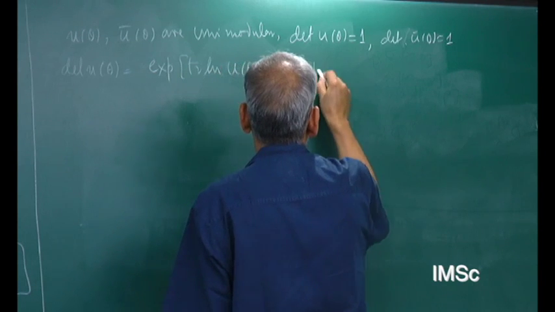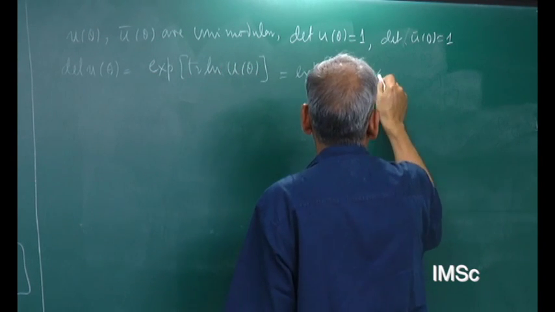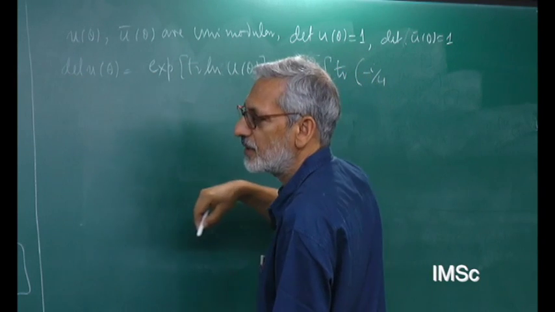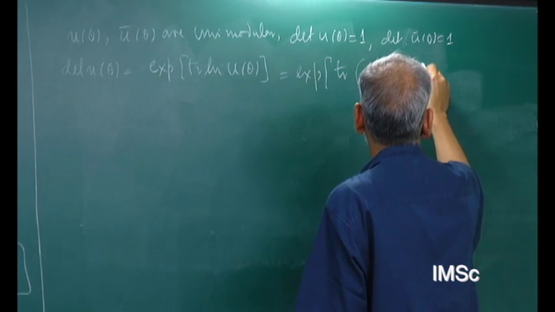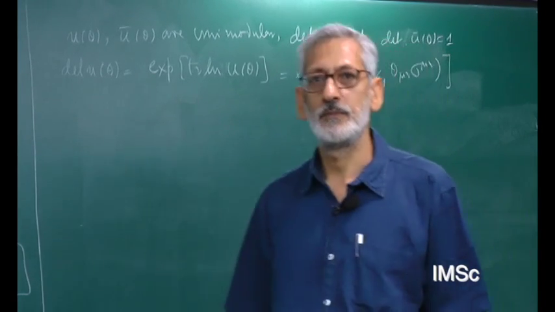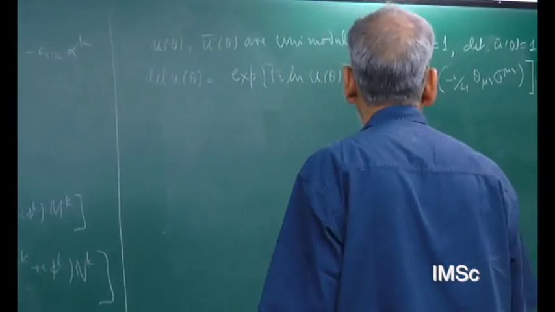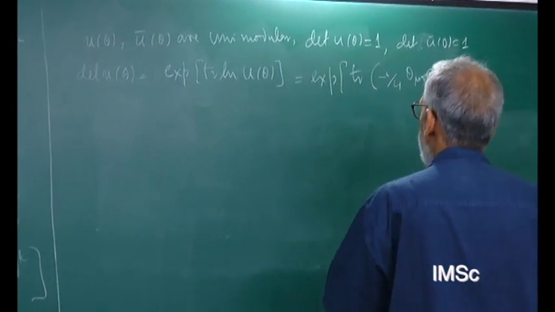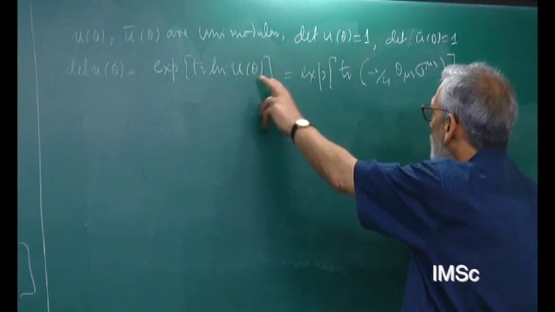And that is exponential of trace log U, which is minus i/4 theta mu nu sigma mu nu. And the trace is now in the spinor space.